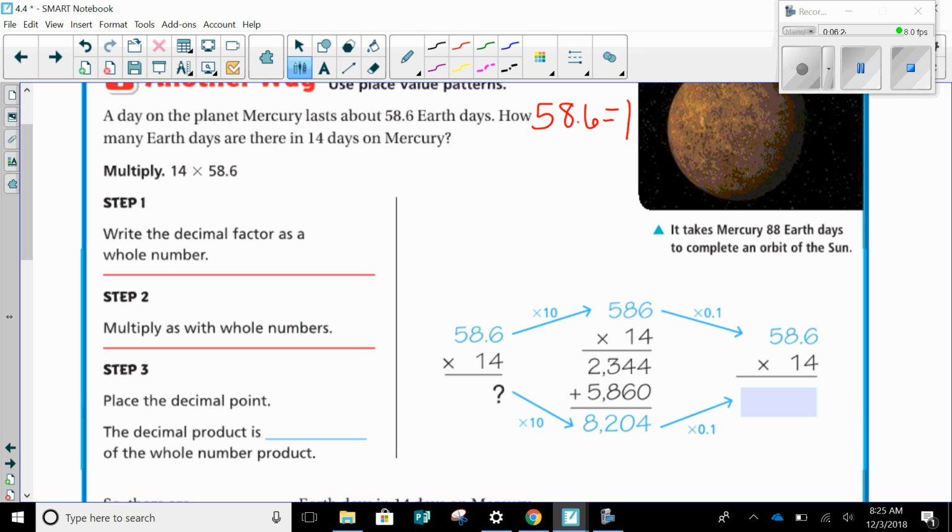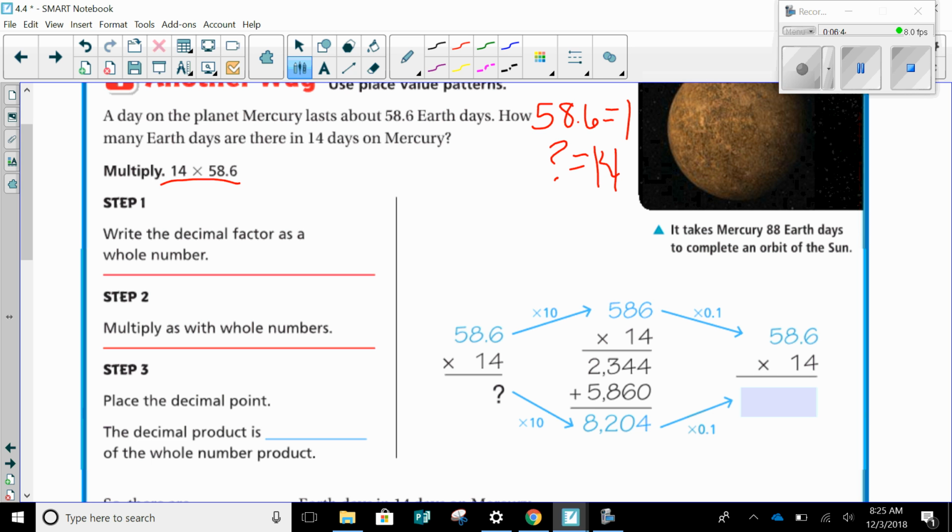So we need to know how many Earth days are equal to 14 days on Mercury. So we're going to multiply 14 times 58 and 6/10.